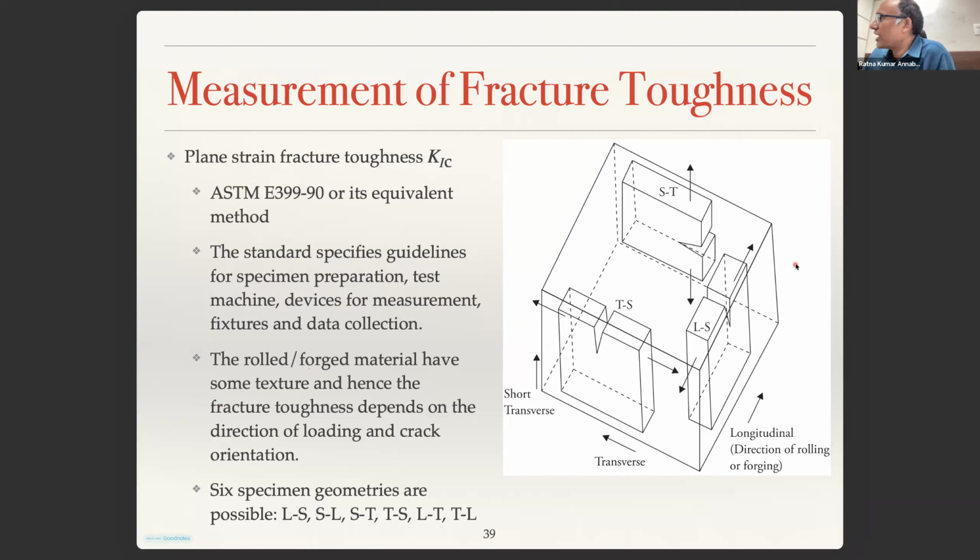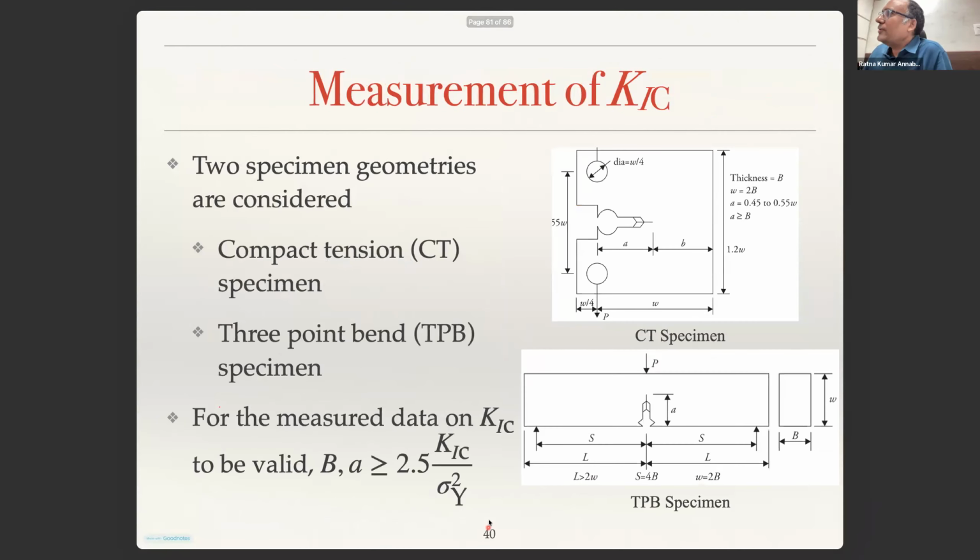One is the longitudinal direction. So this is called LS, right? This is longitudinal, and this is short transverse. Longitudinal short transverse because the crack is in that plane. And this is transverse and this is short transverse. Depending upon how you are cutting the specimen, this could be LS, SL, ST, TS, LT, TL. Okay. These 6 specimens are possible.